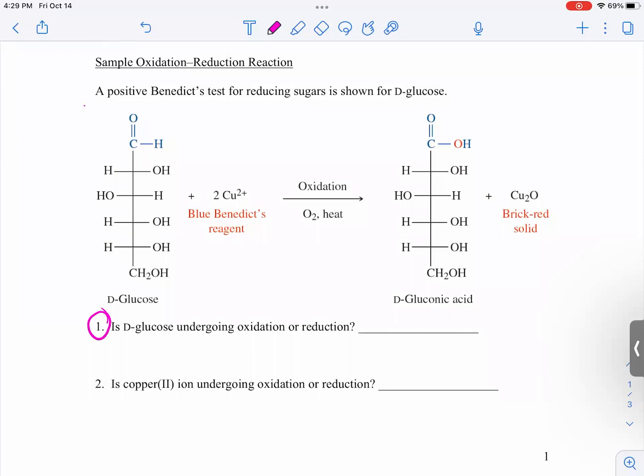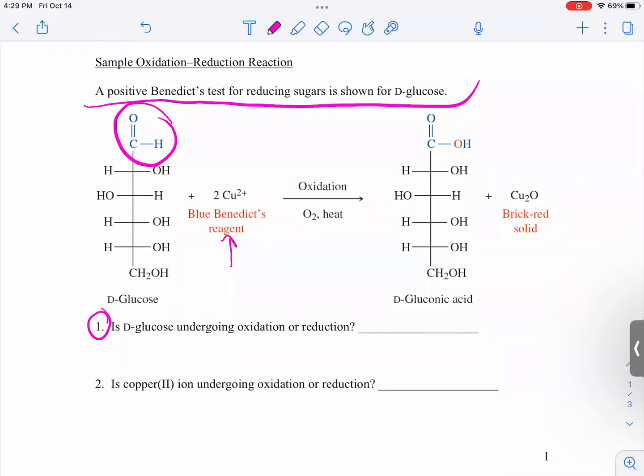A positive Benedict's test for reducing sugars is shown for D-glucose, right? You remember, we have our samples that are going to have our sugars there. We have our functional groups, and we're going to add our Benedict's reagent.